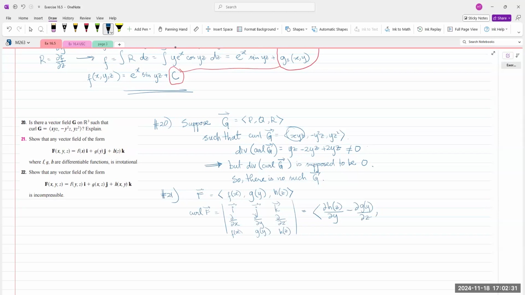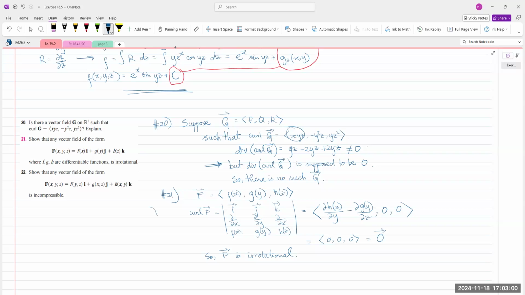That will be 0, right? That's 0, 0, 0, which is the zero vector. So the vector field is conservative and therefore irrotational. That's for number 21.